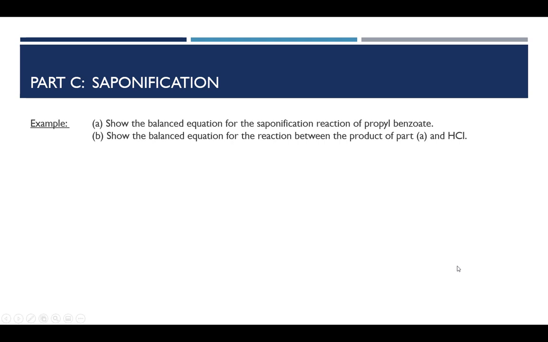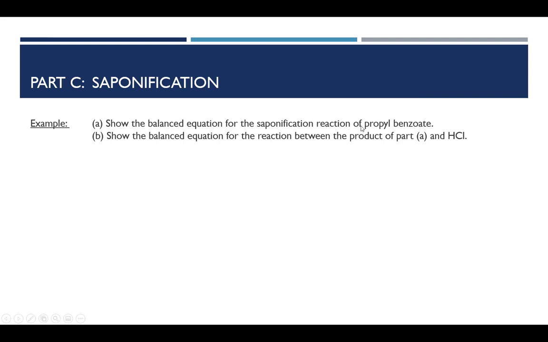Let's take a look at this process. Let's say we want to do the saponification of propyl benzoate. That means that at the end of the process we will end up with propyl alcohol, called 1-propanol, and benzoic acid. So that's how you figure that out.